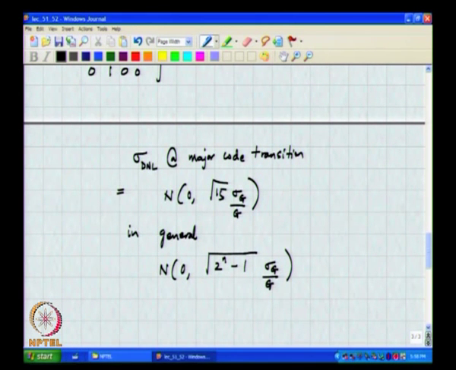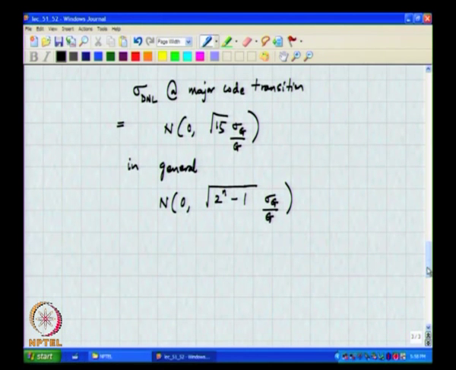Okay. Now, let us put this result aside for a while and look at the INL. What is INL?